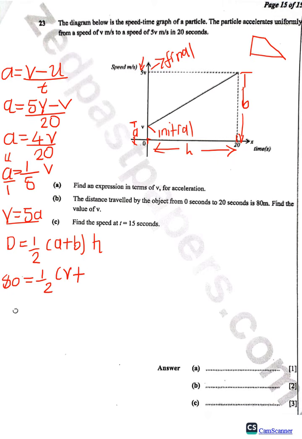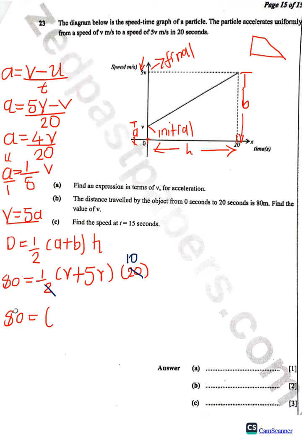The value of b is 5v. Then the height is 20. So I can reduce. We can say 2 here is 1, 2 here is 10.